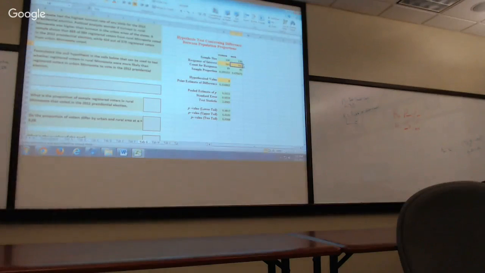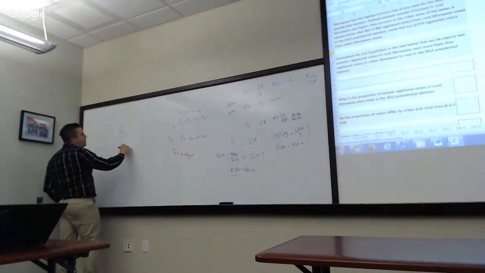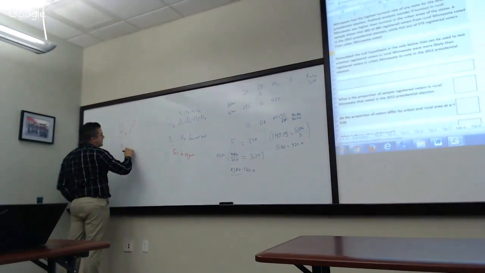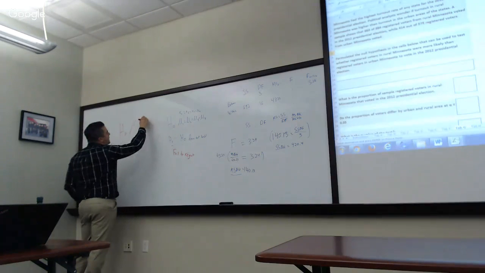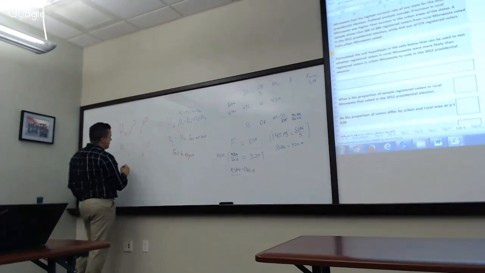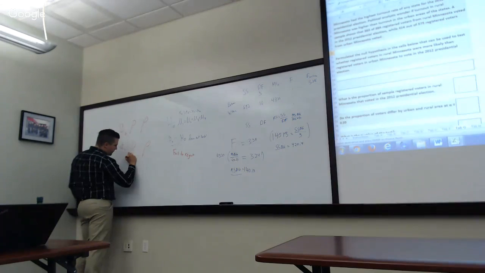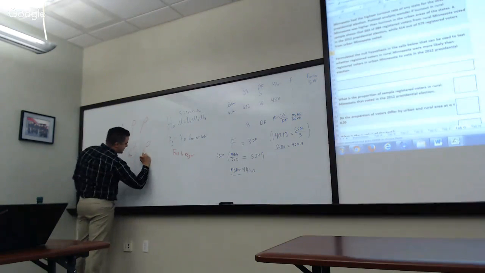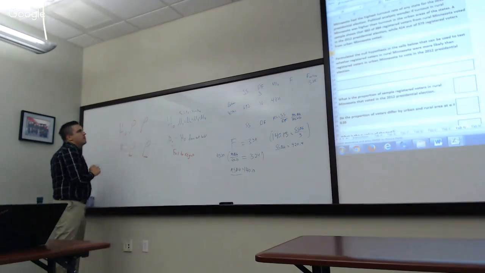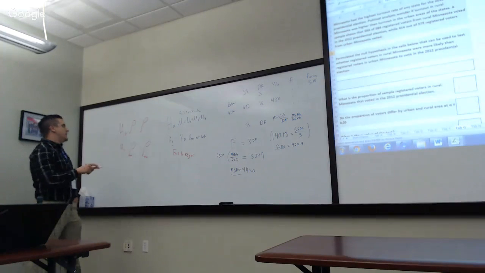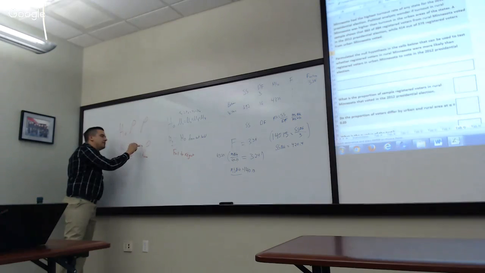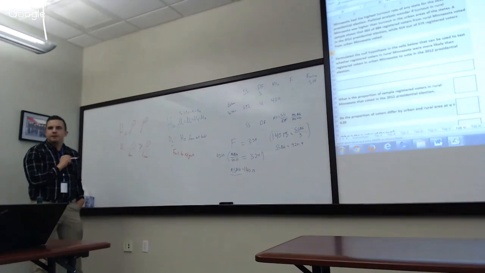So our hypothesis, since we are concerned about whether one is higher than the other, is going to be single-tailed. So if this is rural and this is urban, we're wondering if rural turnout is greater than urban turnout.